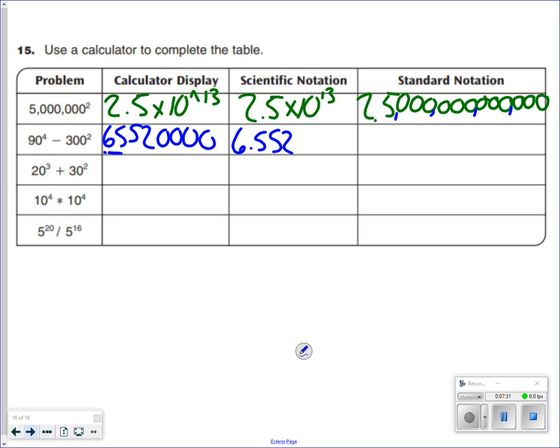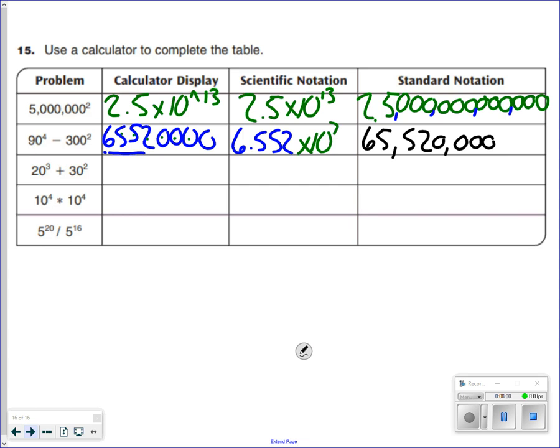You take these first numbers, and you count how many numbers are after this 6. 1, 2, 3, 4, 5, 6, 7. So it's times 10 to the 7th power. What is that answer when you work it all out? That answer is the same number you started with, which is 65 million, I apologize, 520,000.